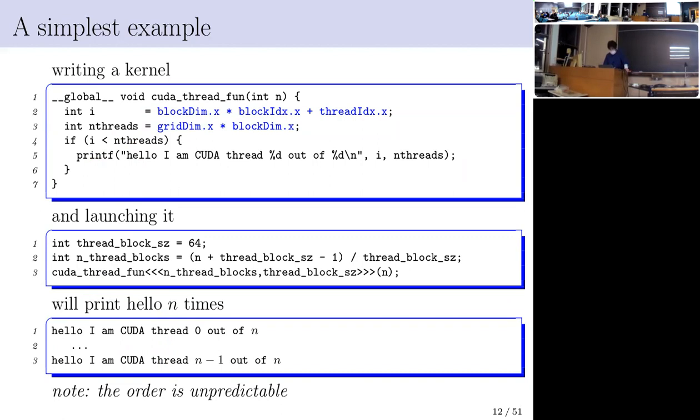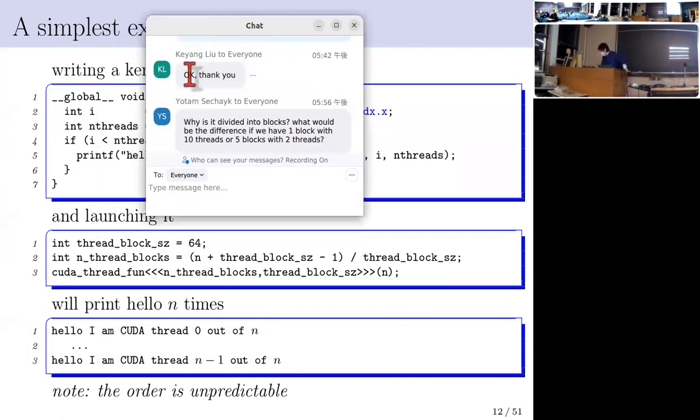Okay, so I got a question. Why is it divided into blocks? What would be the difference if we have one block with 10 threads or 5 blocks? Yes, this is indeed a good question. This is exactly the thing I'm going to get into when I talk about how this actually works and what is happening underneath. The short answer for now is it affects performance very much.